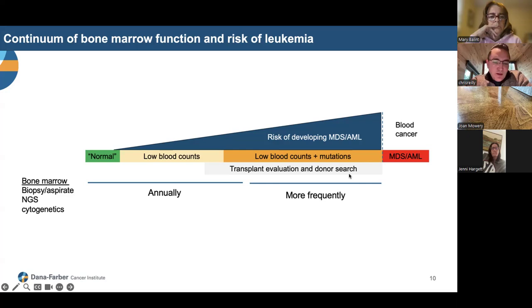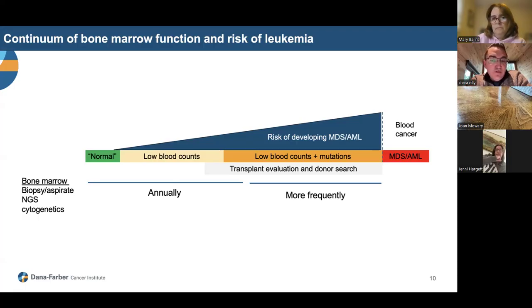My general approach, and I think many in our community are aligned in this, is that we think about early conversation and early consideration of this transplant question. This is because it can take time. It can take time to identify the best possible donor for a patient. It can take time to ensure that other medical issues that a patient may be facing are adequately addressed before thinking about a stem cell transplant.